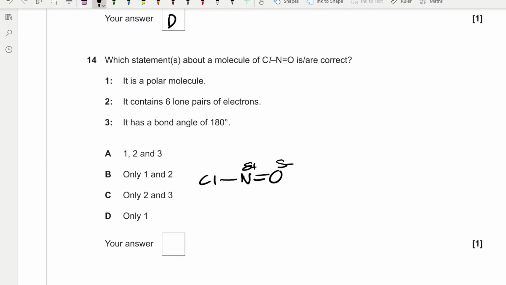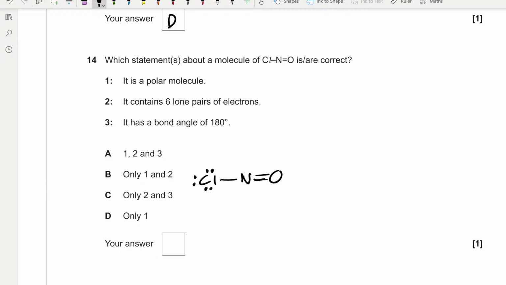And part 2, it contains 6 lone pairs of electrons, so if we just draw them out and consider where they might be. So we have 4 electrons in this double bond, so for starters, you know that chlorine is going to have 3 lone pairs because this single bond will only have 1 electron from it and 1 electron from the nitrogen.